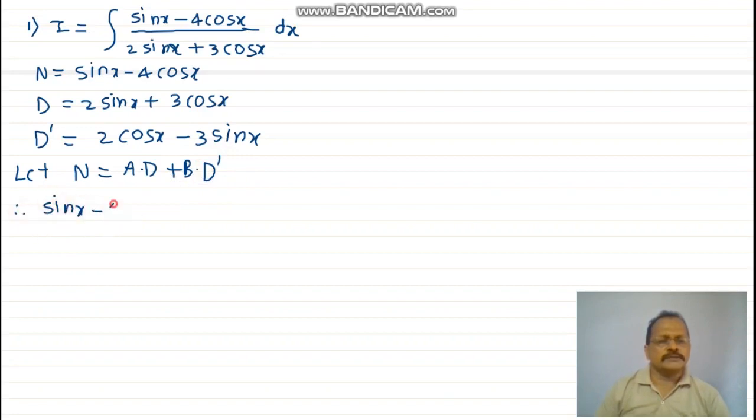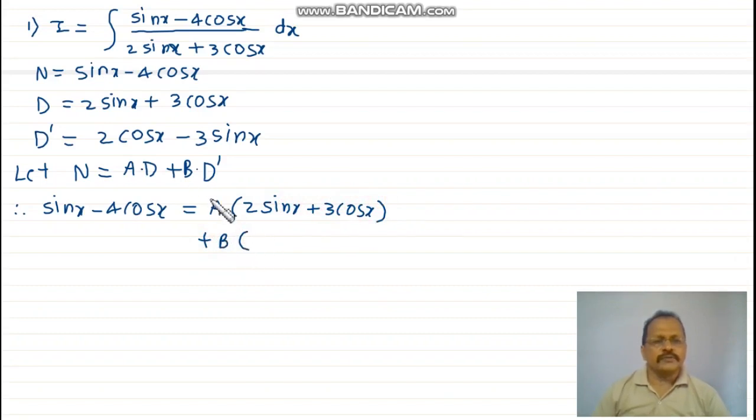Therefore sin x minus 4 cos x is equal to some constant a into D, that is 2 sin x plus 3 cos x, plus b times the derivative of the denominator, 2 cos x minus 3 sin x.